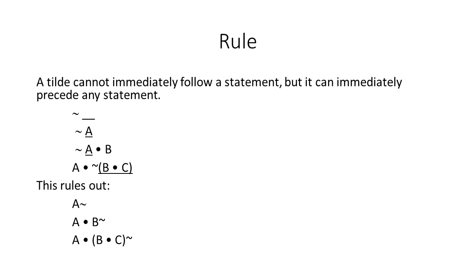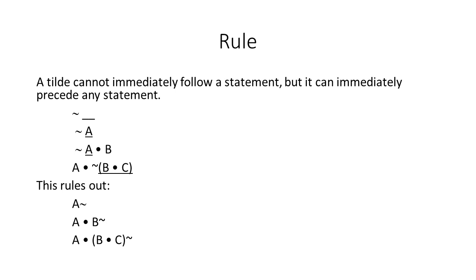So let's take the second conjunct first, that it can immediately precede any statement. We have our slot with our tilde, and we can put a statement in there. In our first example, we have tilde A. So we've put a simple statement into the slot. In our second example, we have tilde A dot B. Again, we've put a simple statement into the slot.